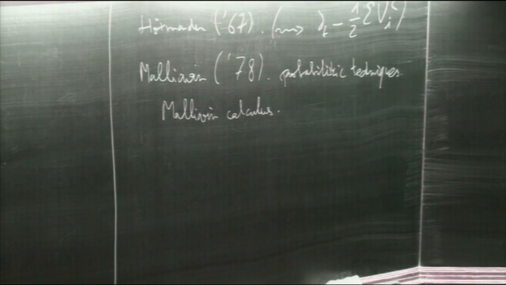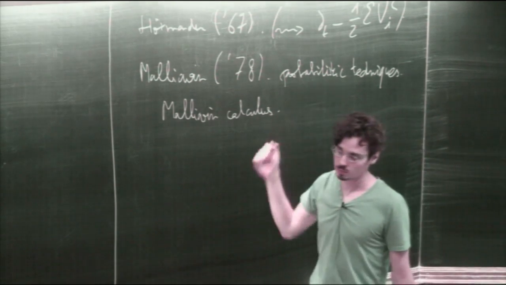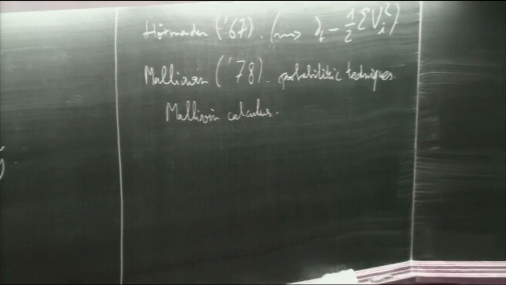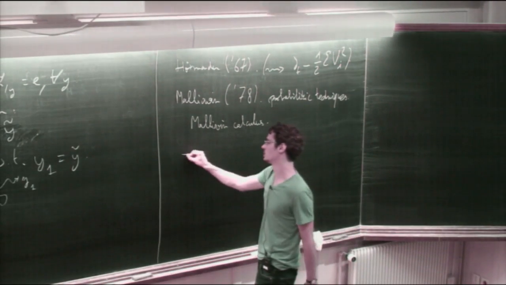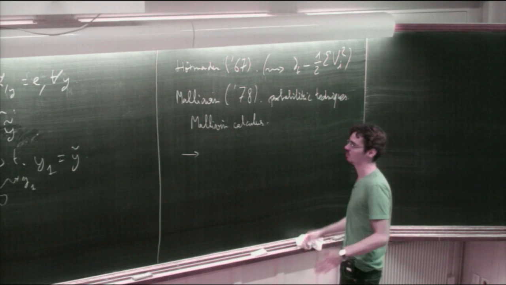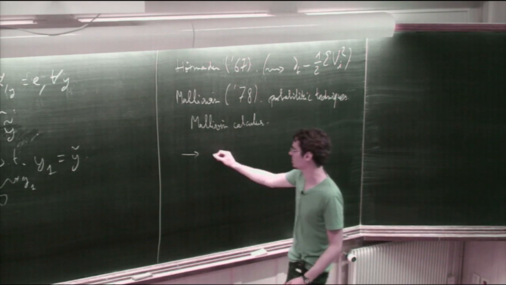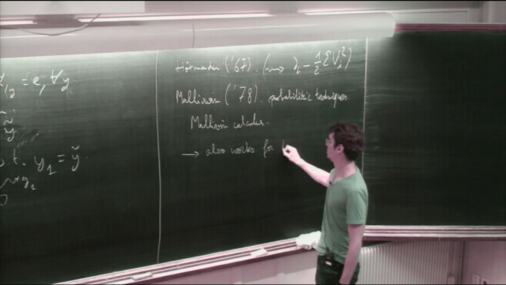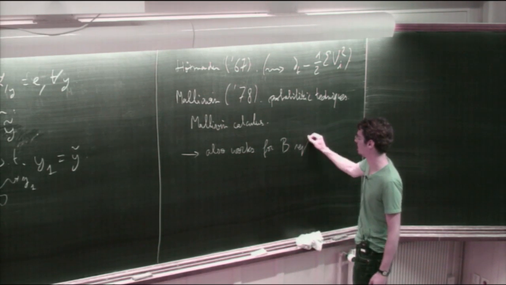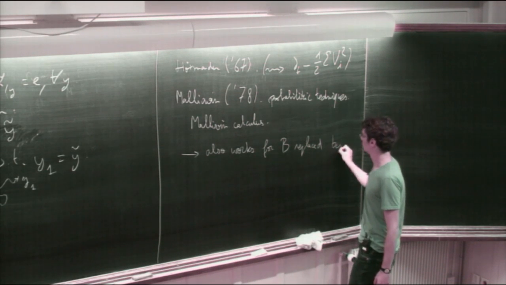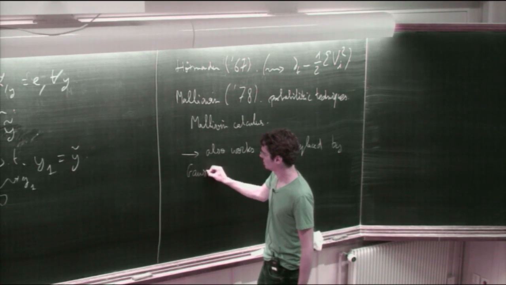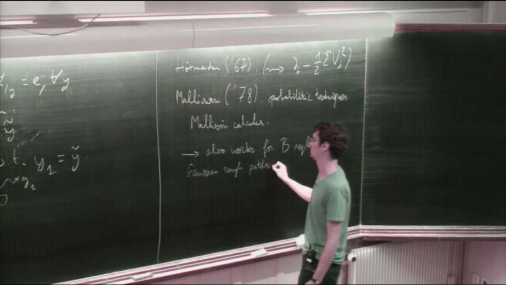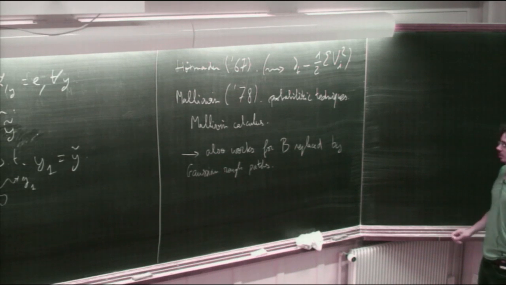But the very nice thing about this Malliavin proof is that it was very robust and could be extended in a lot of directions. In particular, we will see today that a variant of his proof also works for B, which is no longer Brownian motion, but replaced by a Gaussian rough path. It was also extended before that in other directions.